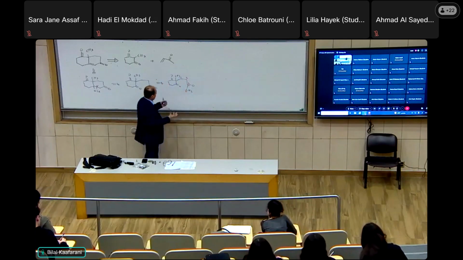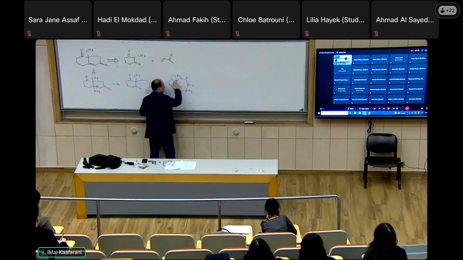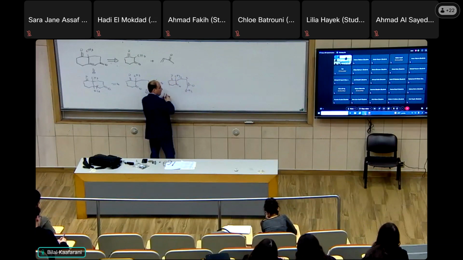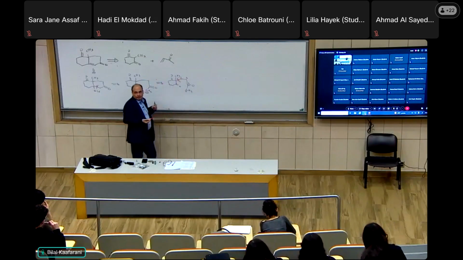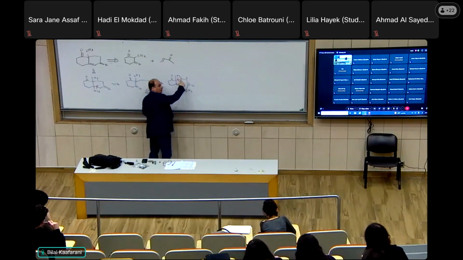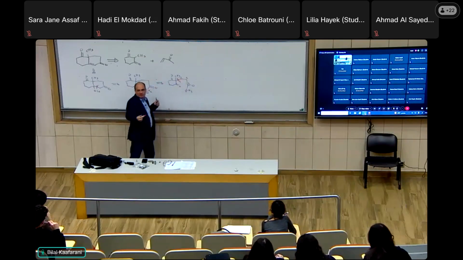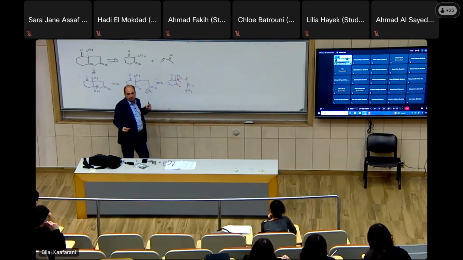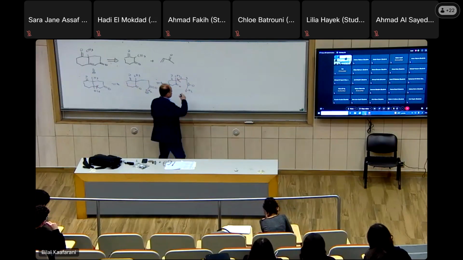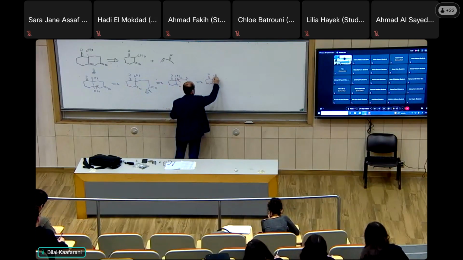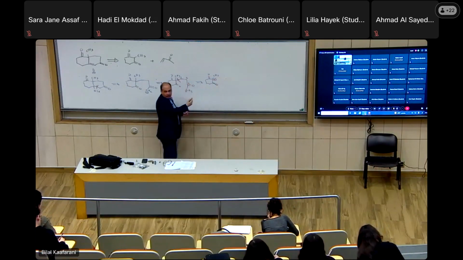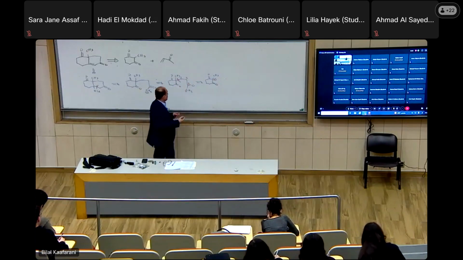Now, how am I gonna link this to that? I must have the enolate at this carbon attacking this carbon. How can I get the carbon that is beta? I must have an alpha beta unsaturated system. So retrosynthetically, this comes from this one, CH3 minus, that's my enolate, attacking what?